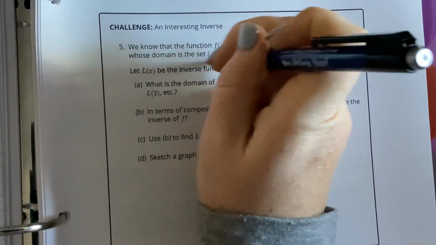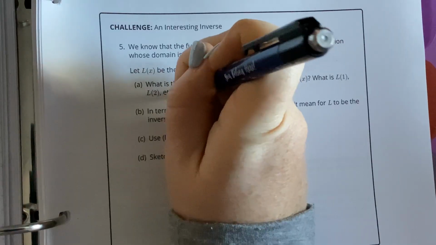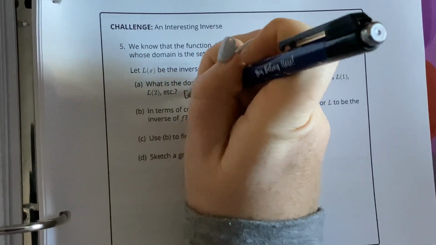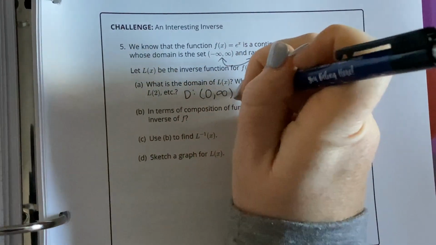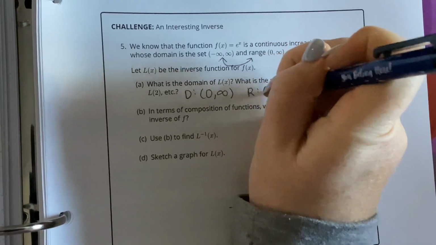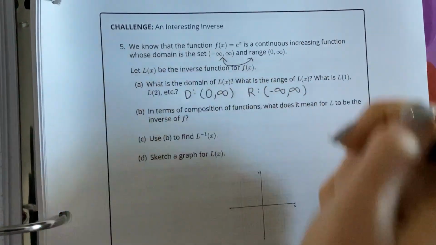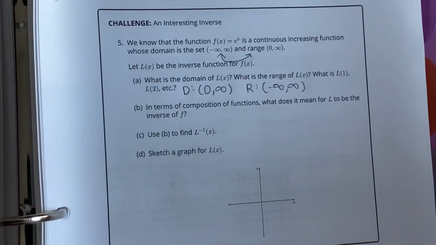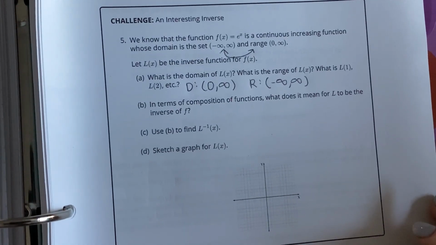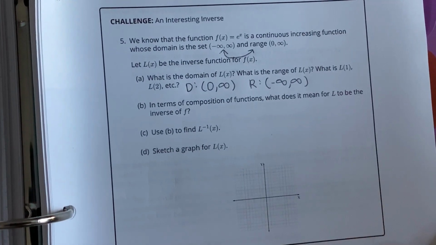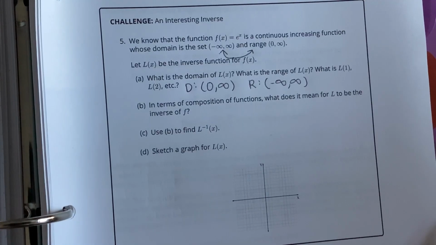So if this was our domain, that means our domain becomes 0, infinity, and your range becomes negative infinity to positive infinity. So those two flip-flop from inverse to original. Domain and range flip-flop.